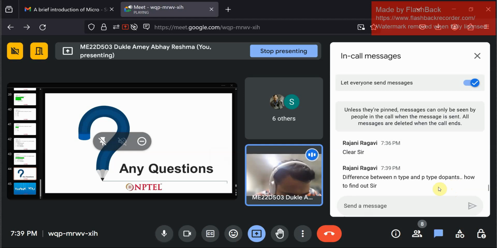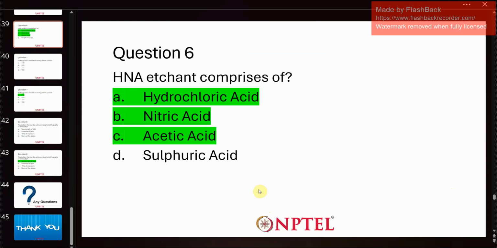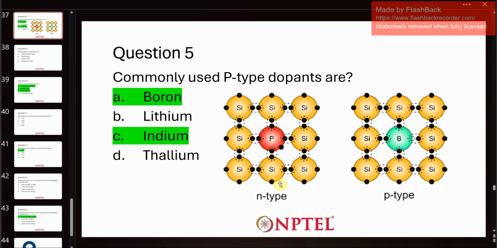Okay, the difference between N type and P type dopants. How do you find out? N type has 5 electrons. The thing is, N type has electrons as the charge carrier, and P type has holes as the charge carrier.